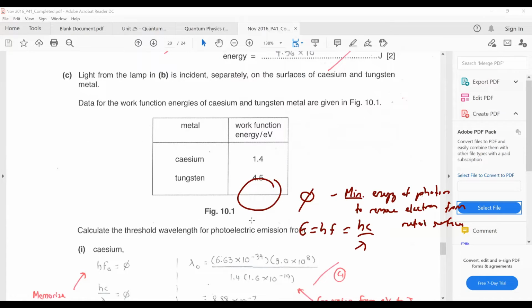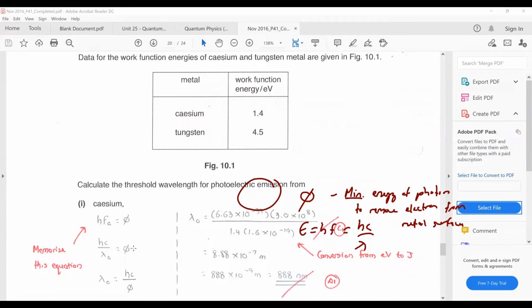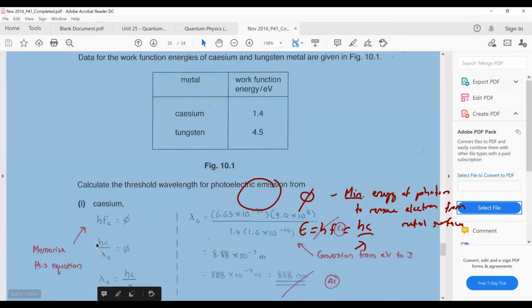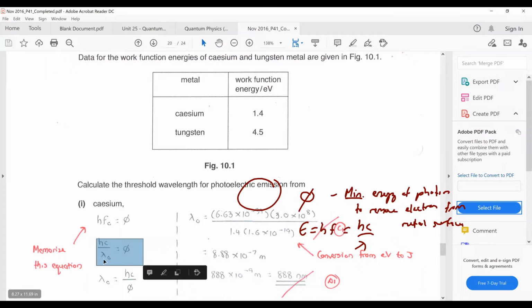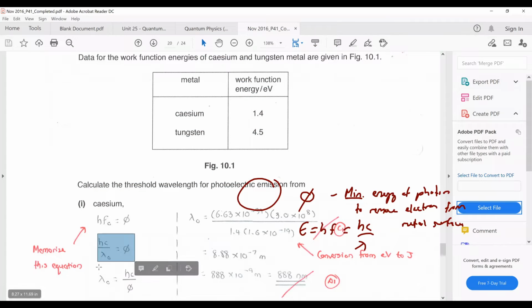Calculate the threshold wavelength for photoelectric emission from cesium. As I mentioned, hf naught equals phi, or you can also say hc over lambda naught equals phi. You don't need to derive from here to here; you can just straight away use this. So lambda naught, the threshold wavelength, is hc over phi itself.